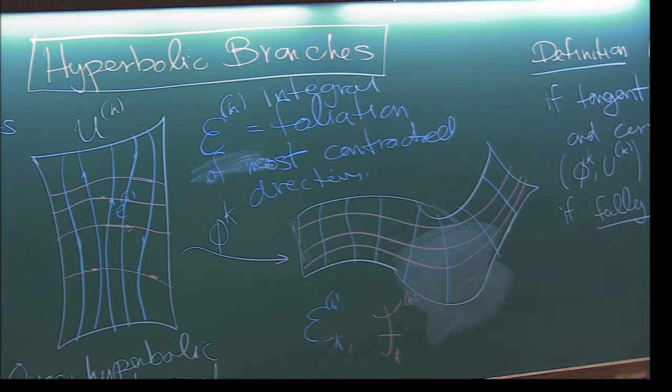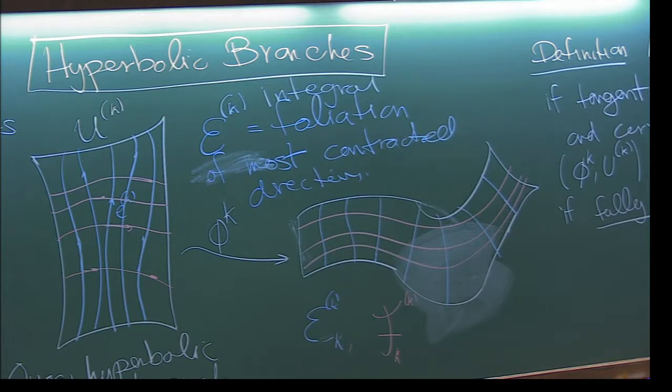So let me say what we need to actually prove some interesting things about this. So let's say, given gamma b greater than 0, we say that this phi k, U k is a hyperbolic branch.